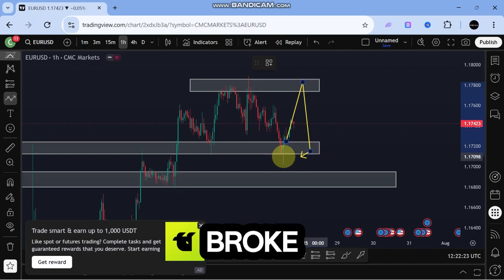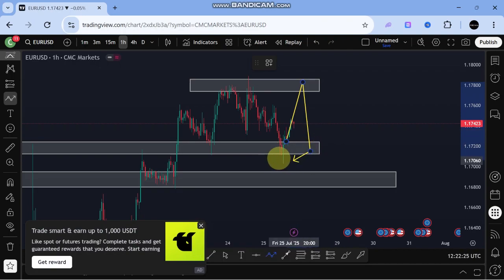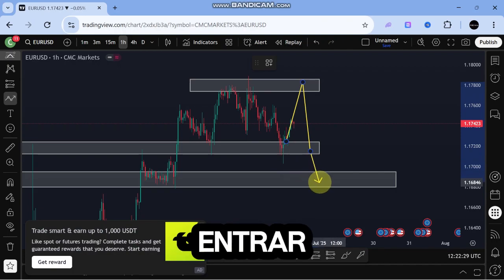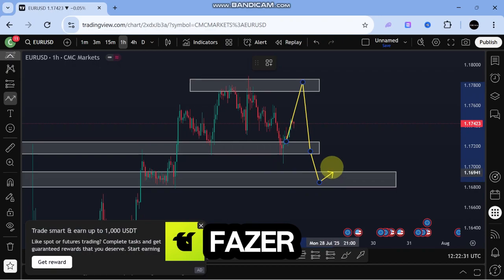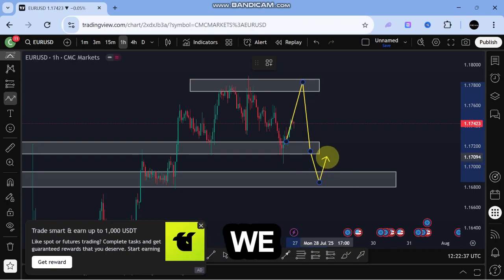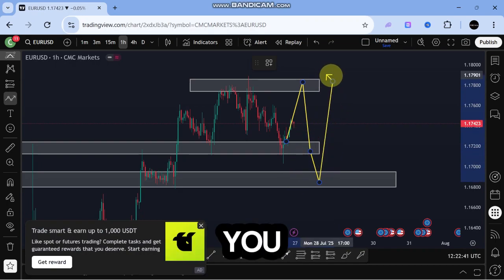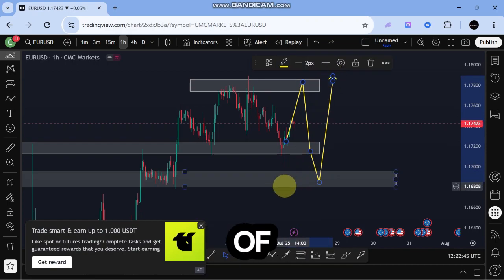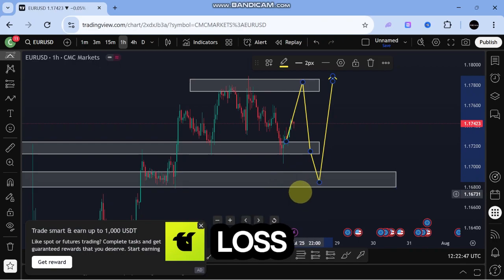But if it breaks past this place, we know that the next support we'll be targeting will be this particular place. Once you get to this place, all you need to do is wait to see a bullish sign. And once we see that bullish sign, we simply buy and put our TP at this particular place. So support can also serve as the point for your take profit and stop loss.